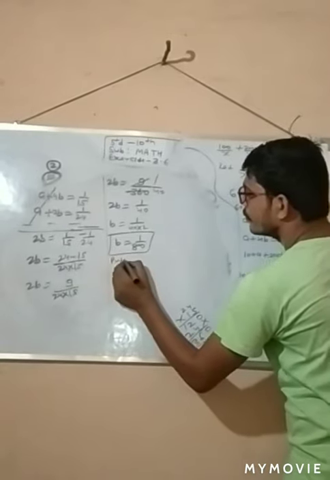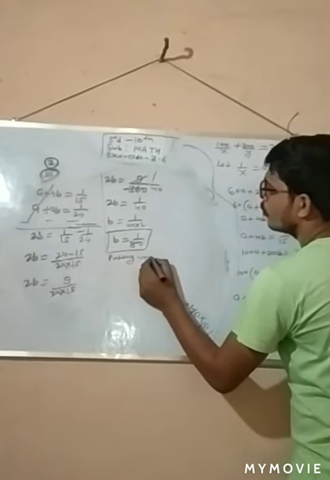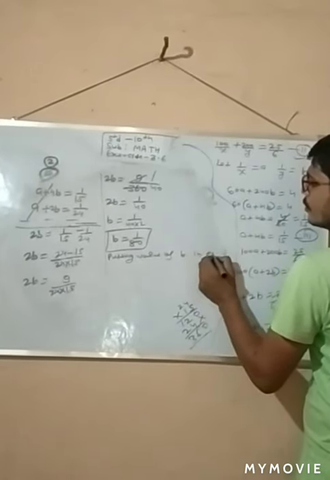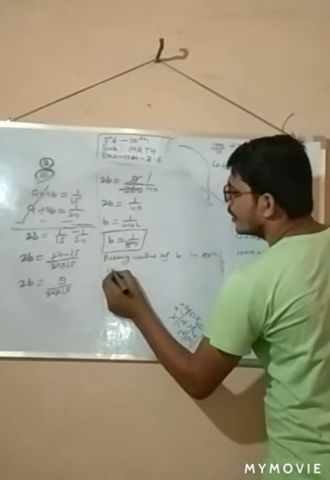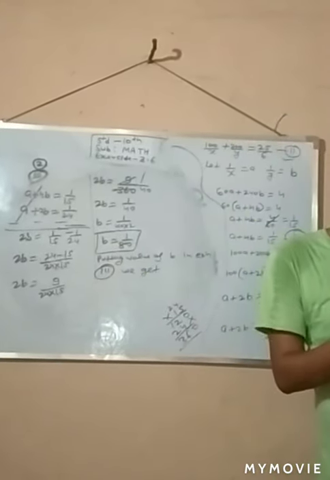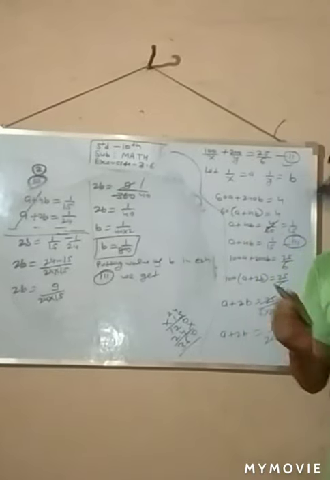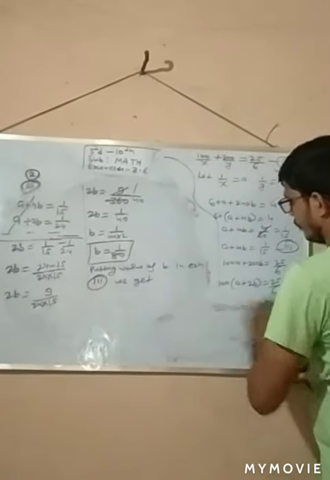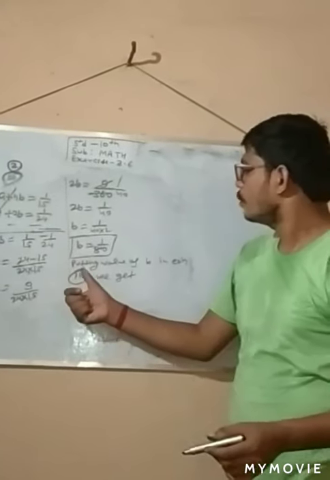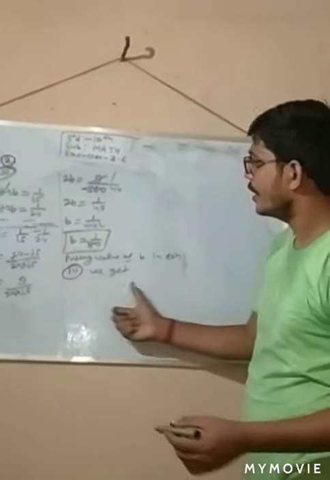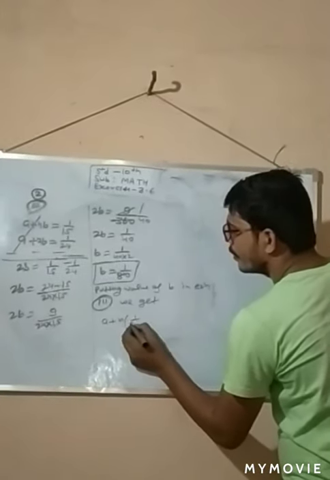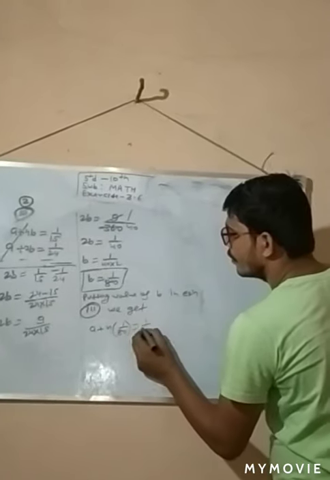Putting the value of b in equation 3rd we get, so a plus 4b, value 1 by 80, is equal to 1 by 15.